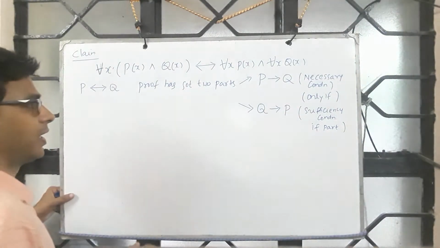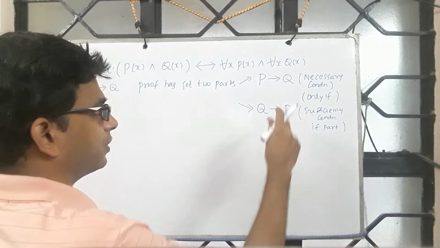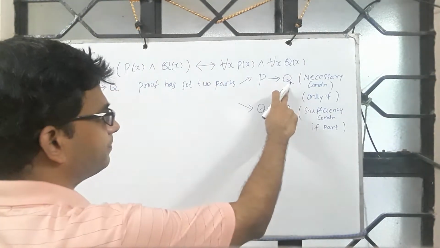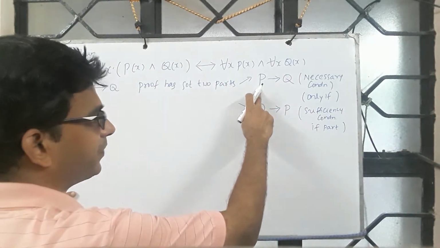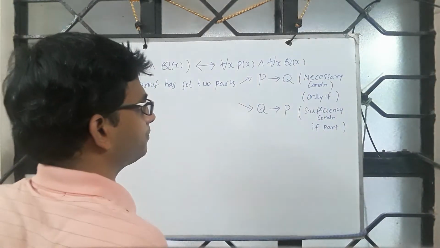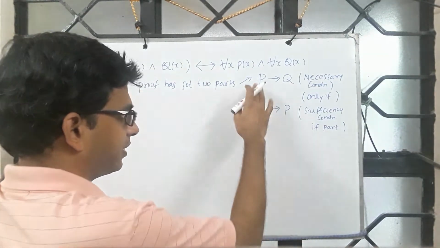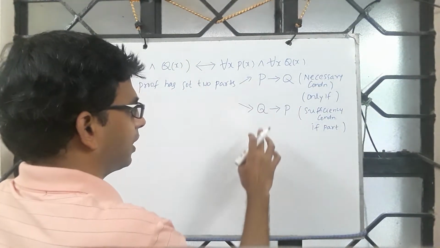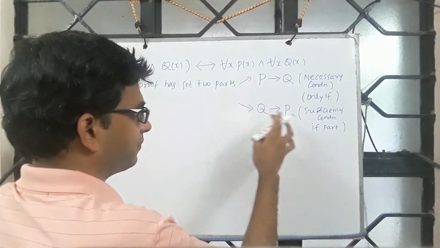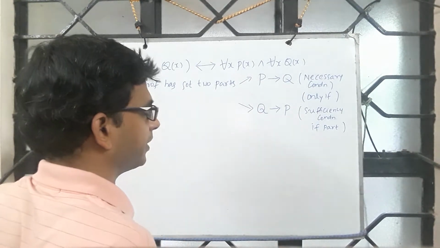Okay? And we are checking whether q is necessary for p, or this also means p only if q. P only if q is if p then q. And in this we are asking, is q sufficient? Is q sufficient for p?